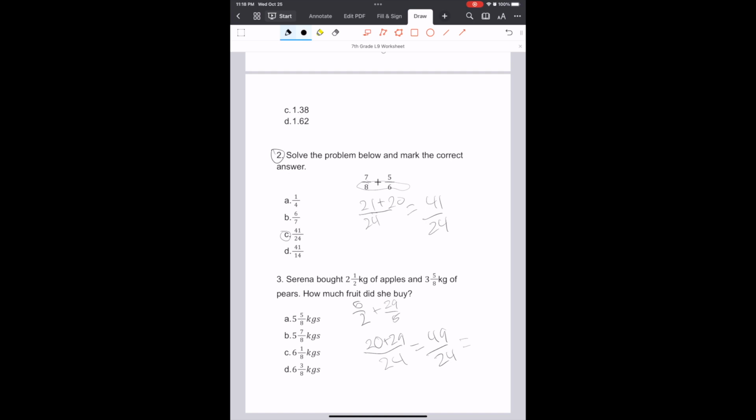Oh wait, not 24. Oops. I mean, it'd be over 8. So then this would be 6 and 1/8. So the correct answer for this one is also C.